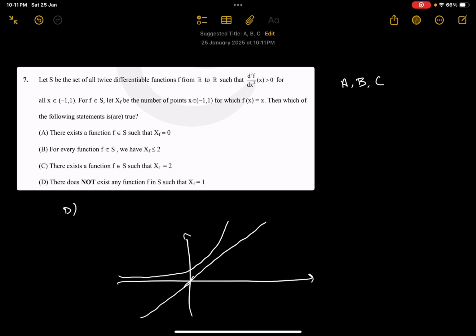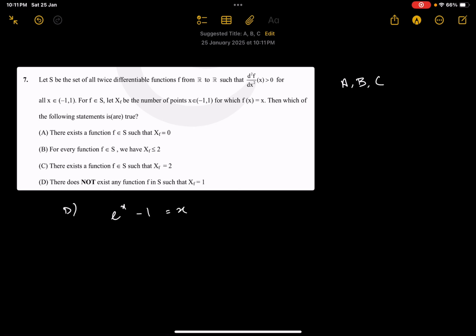Let's try e to the power of x minus 1, say equals x. So this is true for x equals 0. Will it have any other solution? We need e to the power x minus 1 minus x.